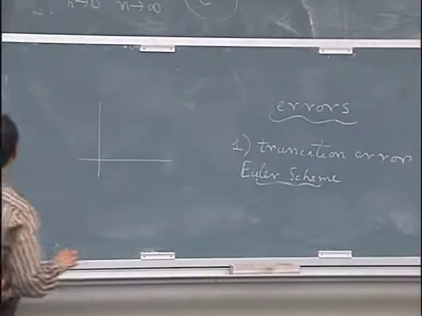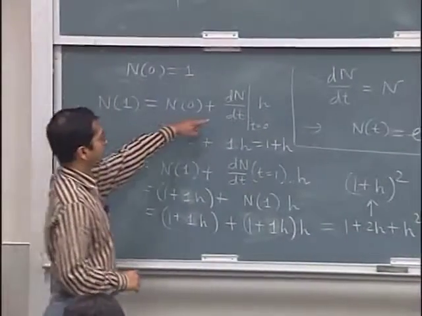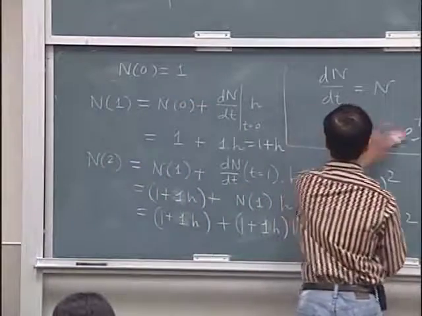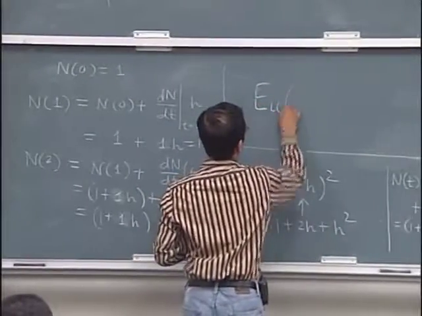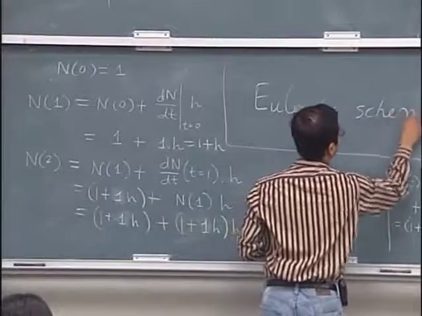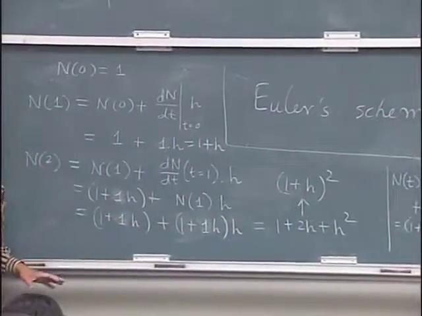I don't know whether I wrote this explicitly or not. This way of solving a first order or higher order differential equation using only the first derivative is called the Euler scheme, and it's widely used.